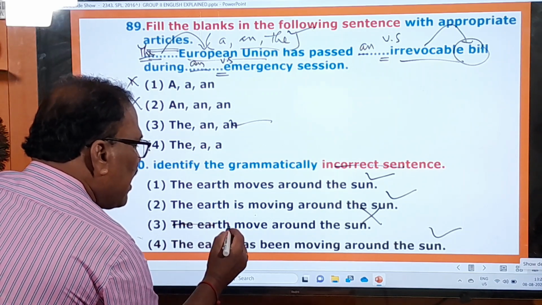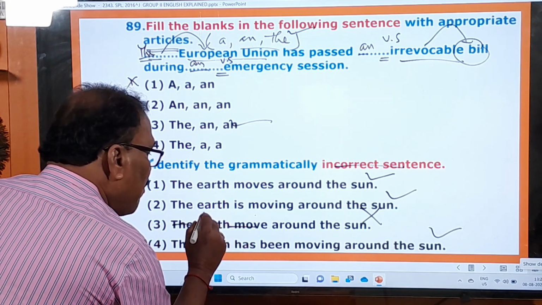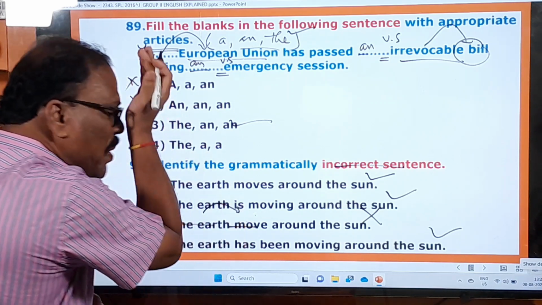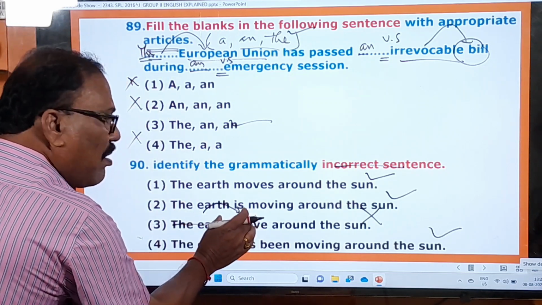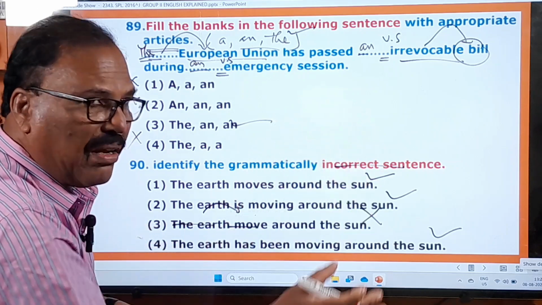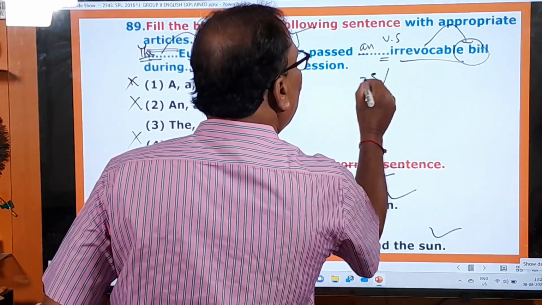Beside a singular subject, a singular verb must be used. But here, beside the singular subject, a plural verb is used. So to make a plural verb into a singular verb, what should you do? You must add either s or es.